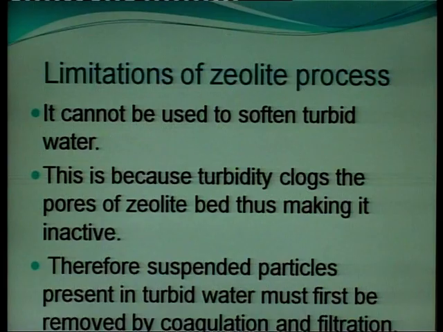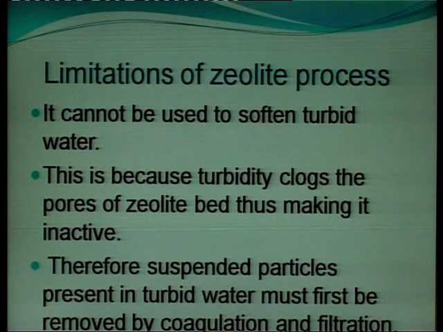Another limitation of zeolite process is that turbid water cannot be treated with this process. The reason is the turbidity clogs the pores of the zeolite bed, and as the pores are clogged, the zeolite bed becomes inactive and we cannot soften turbid water with this process.